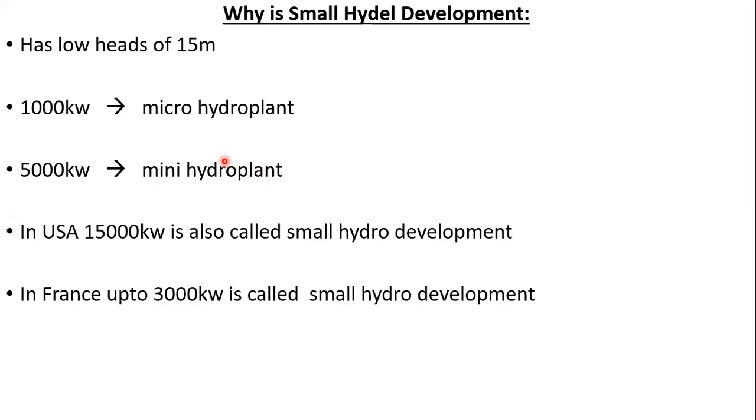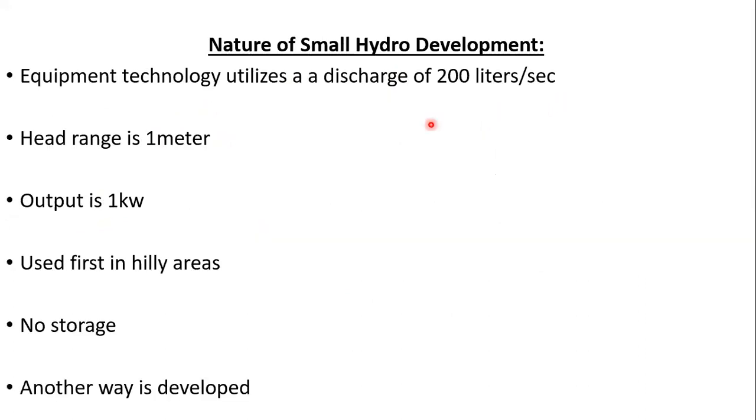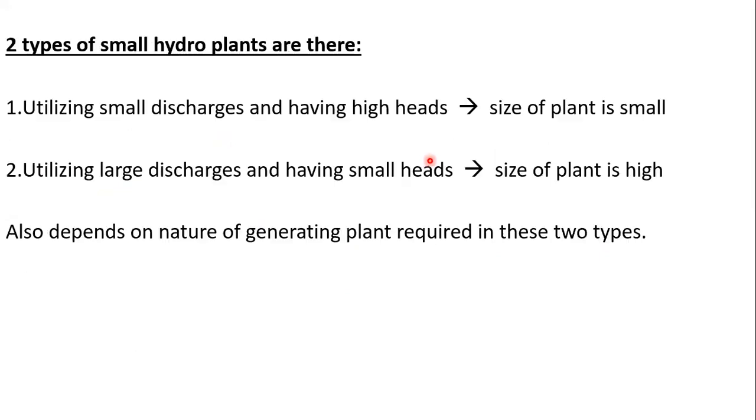Conceptually, small hydro development can be categorized into two types. The first type utilizes small discharges and has high heads. The second type utilizes large discharges and has small heads.